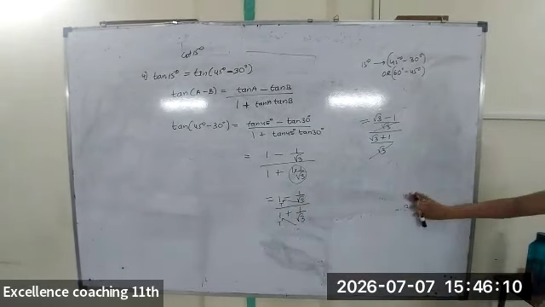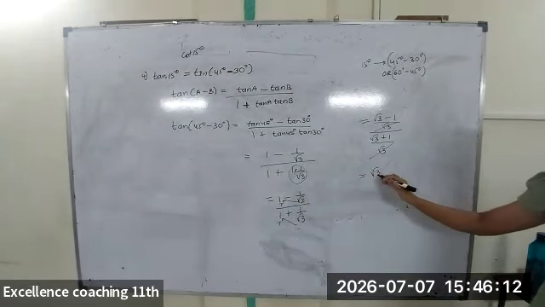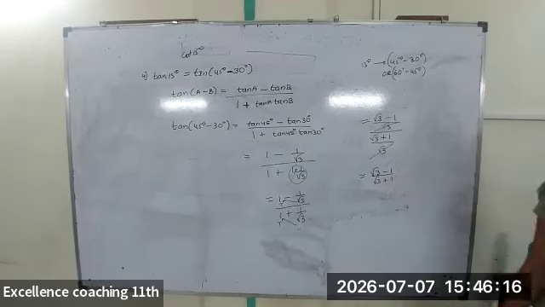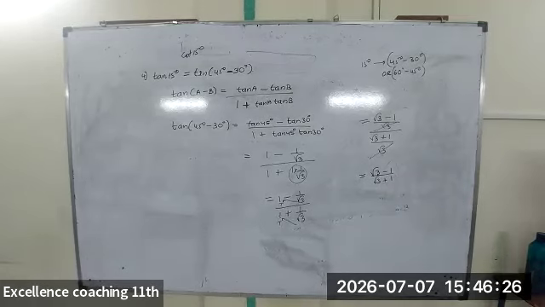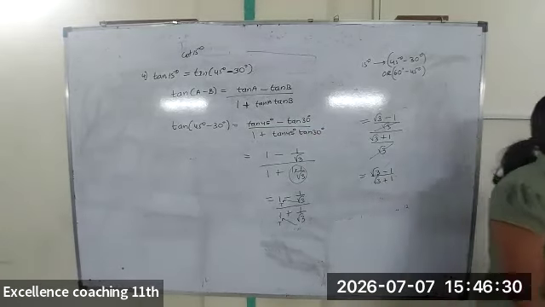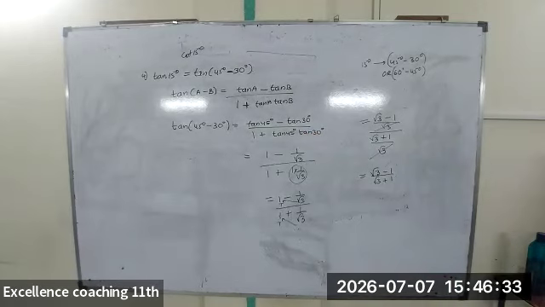You can cancel. So answer will be the same even if you have written 1 plus root 3 also. If you had done with 60, you would have directly got the answer without fractions. That's all. Either way, you'll get the same answer.